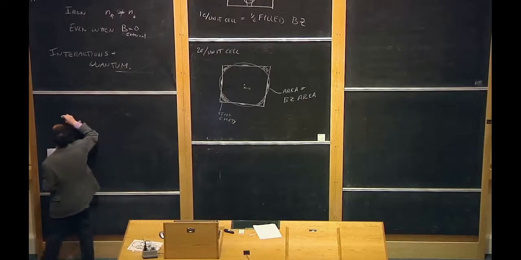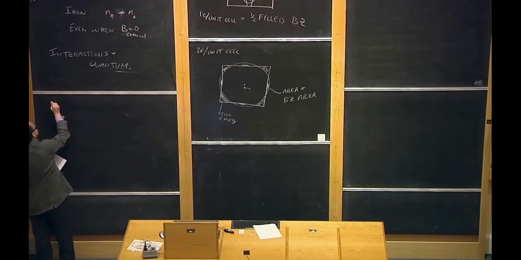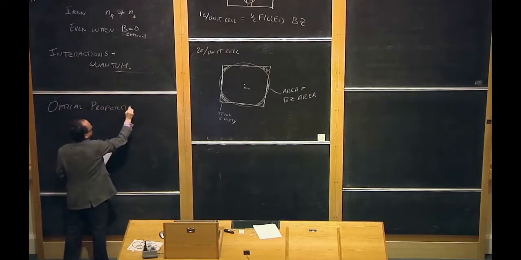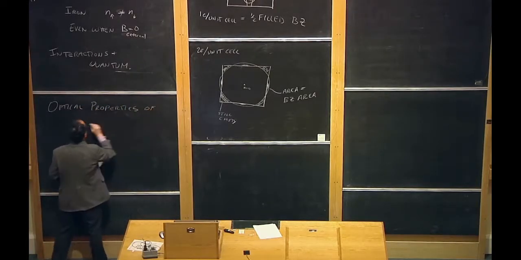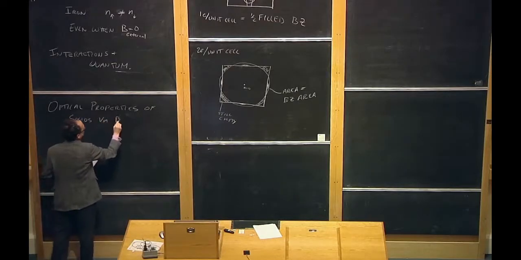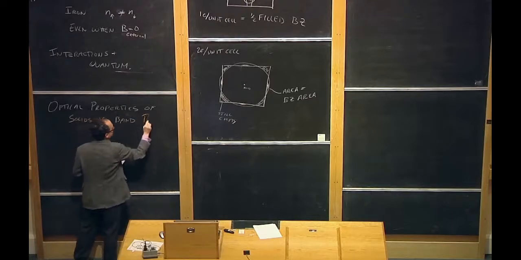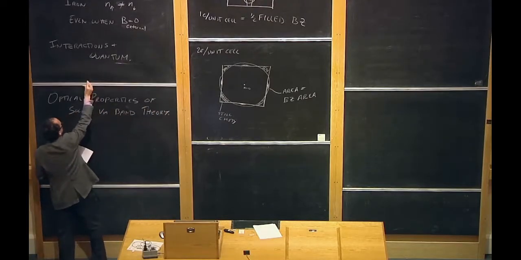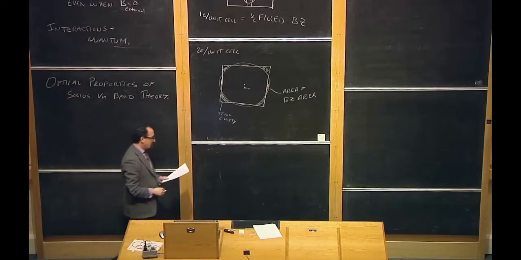So the first thing we're going to think about in band theory is optical properties of solids via band theory. So first of all, what do I mean by optical properties?